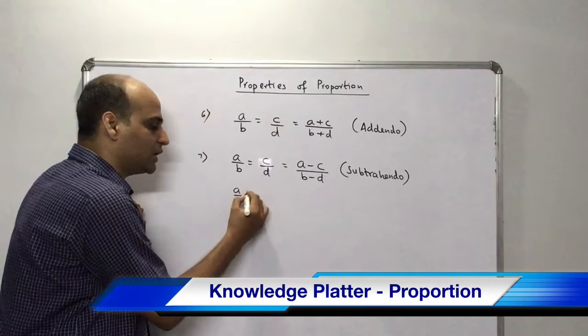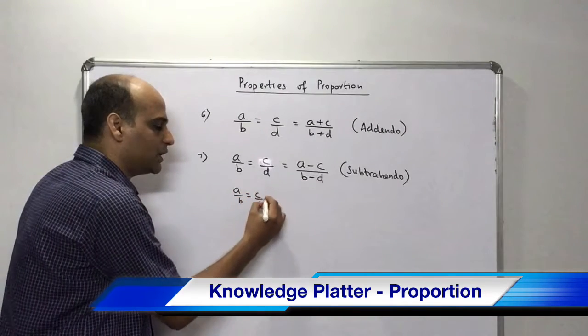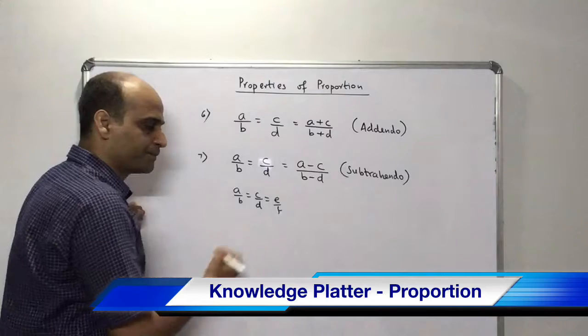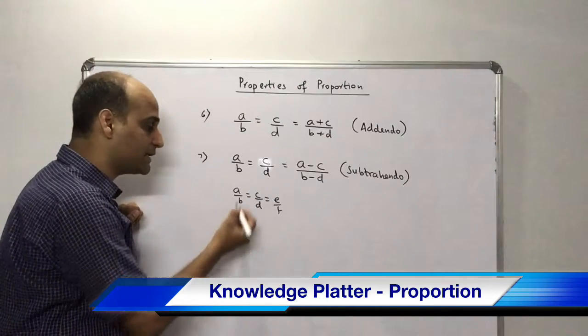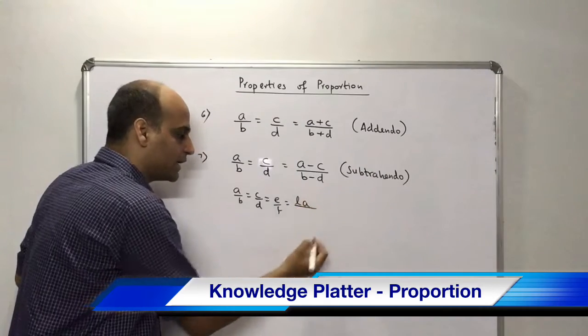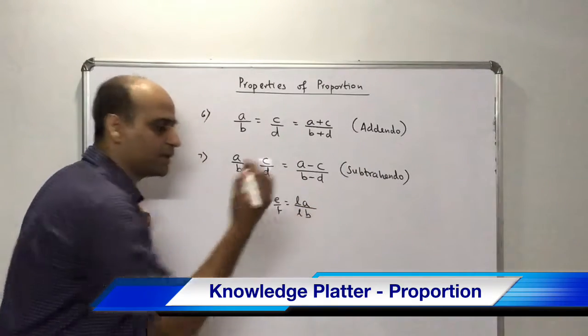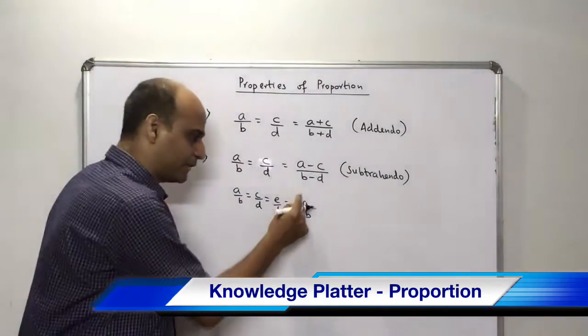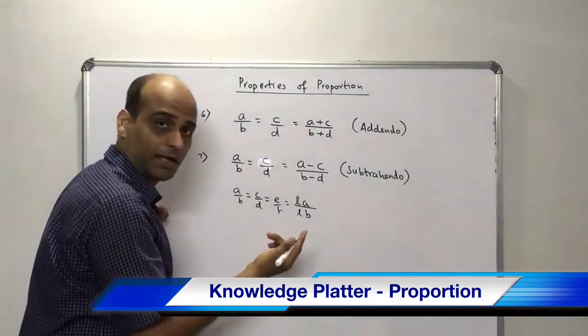If A upon B equal to C upon D equal to E upon F. Okay, if I multiply say A and B by non-zero constant L, say L times A, L times B. We cancel L, still it is A by B only, right?